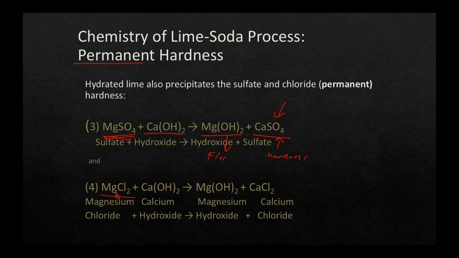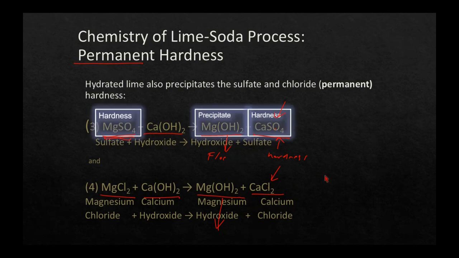Magnesium chloride, as the chloride hardness species, plus calcium hydroxide, the lime, is again going to give me some magnesium hydroxide flock, plus calcium chloride, which again is hardness. So what we have to do is deal with the calcium sulfate and calcium chloride, and we do that with soda ash.